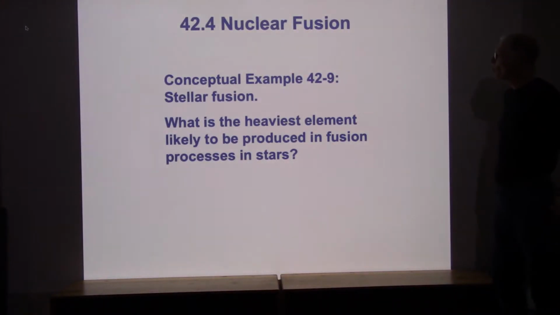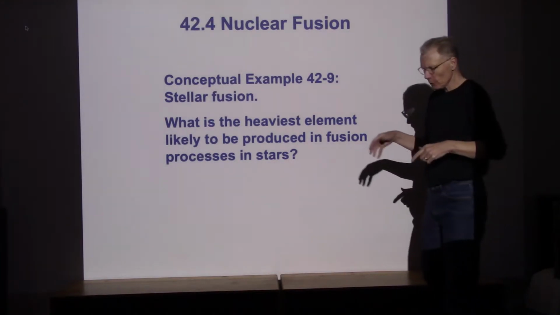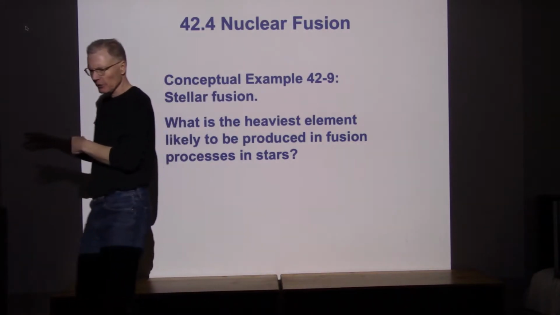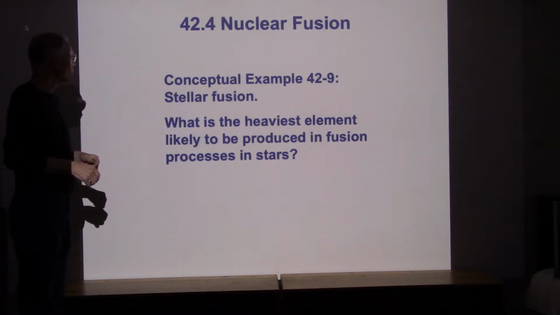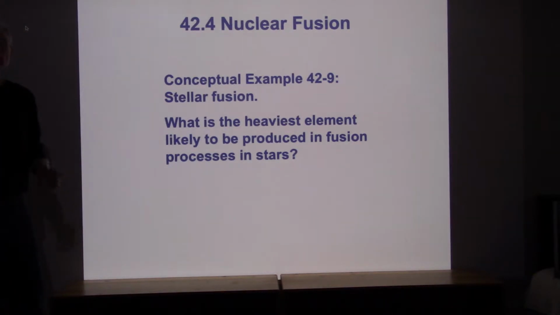So we can ask the question then, what would be the heaviest element that would be produced in fusion processes inside stars? Now, from our nuclear stability plots that we've looked at a couple times now, what we found was that the most stable nuclei that we have are like iron-56.